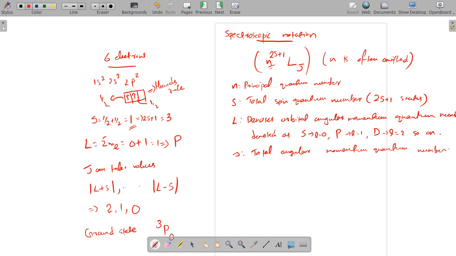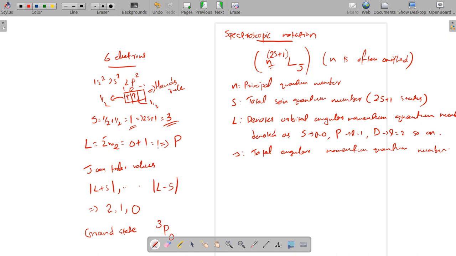In the notation we don't give S, but we give 2S plus 1, the multiplicity of that particular spin state, which is 3 here. Now what is L? It is basically the sum of ML, the magnetic quantum numbers of the orbitals: plus 1, 0, minus 1, etc. If you sum 1 and 0, you get 1, the total orbital angular momentum.